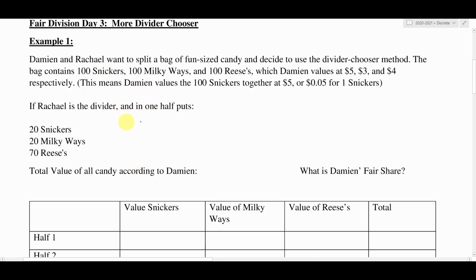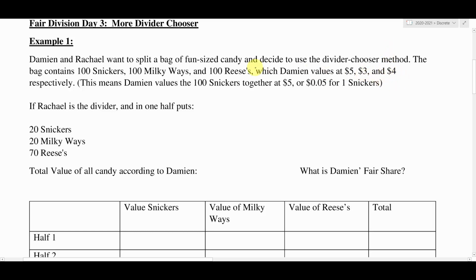The first example that we're going to look at today takes a look at this method from the perspective of the chooser. We're looking at Damien and Rachel here, and they're going to split a bag of candy again. And we get Damien's value system here. He values the Snickers at $5, the Milky Ways at $3, and the Reese's at $4.